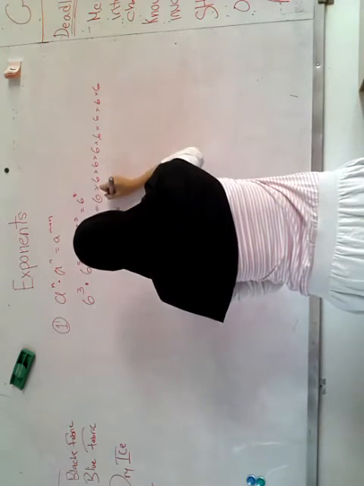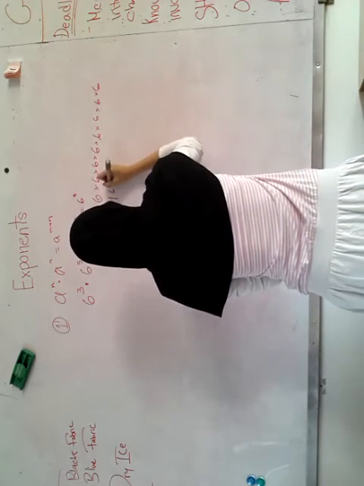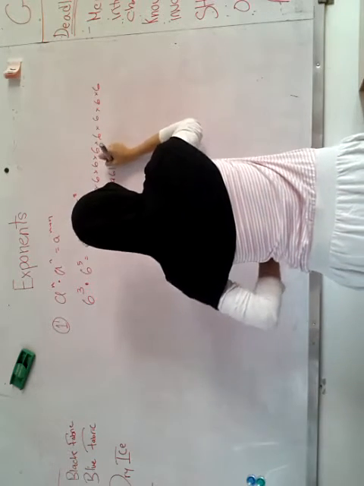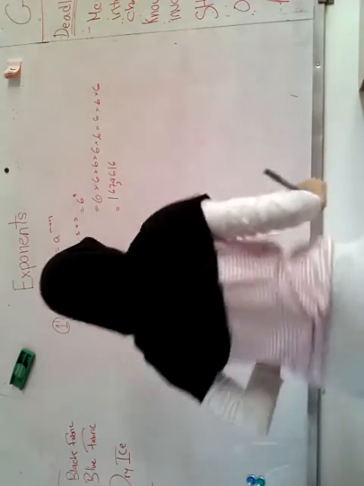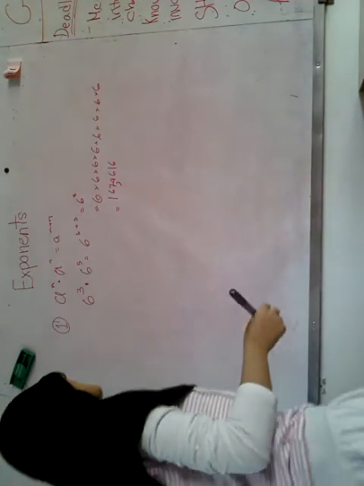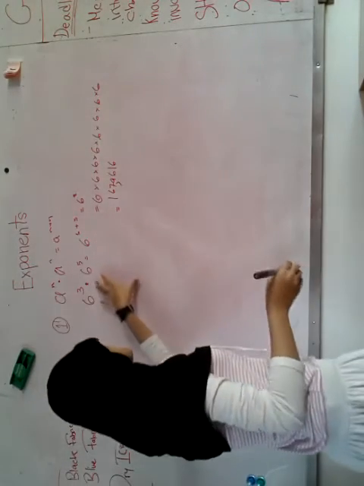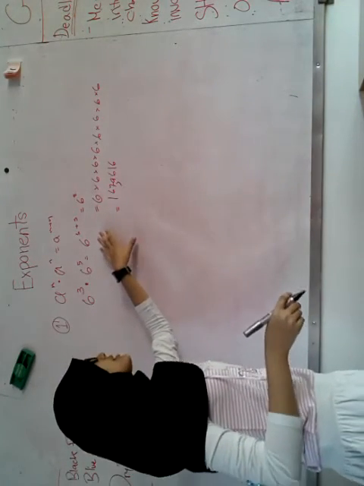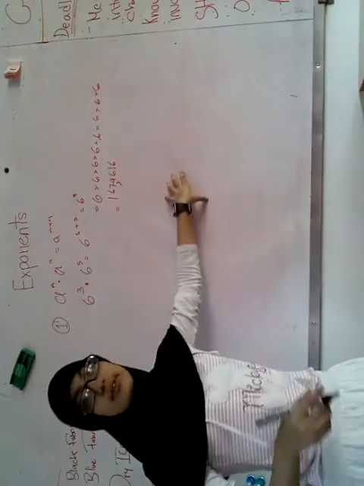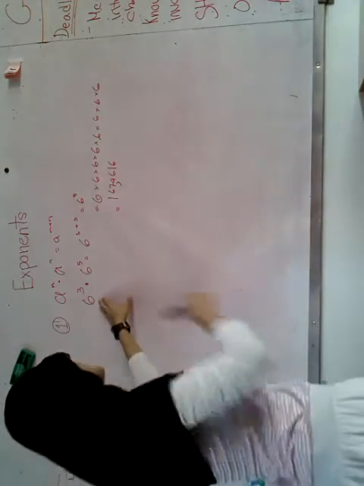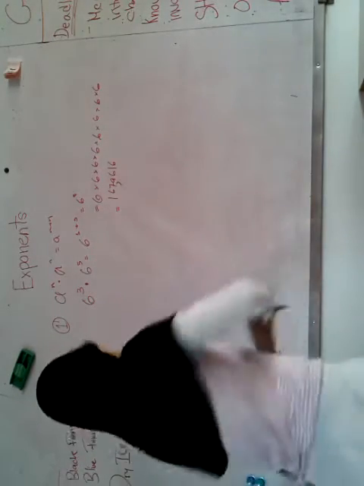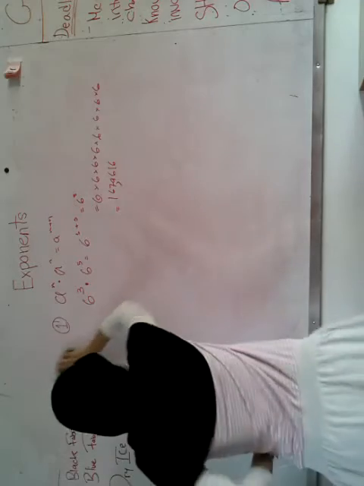That is equal to 1,679,616. That's the answer. And so this can be related to the first one. If you know how to evaluate power, when you do this law, you evaluate the power and you get an answer.